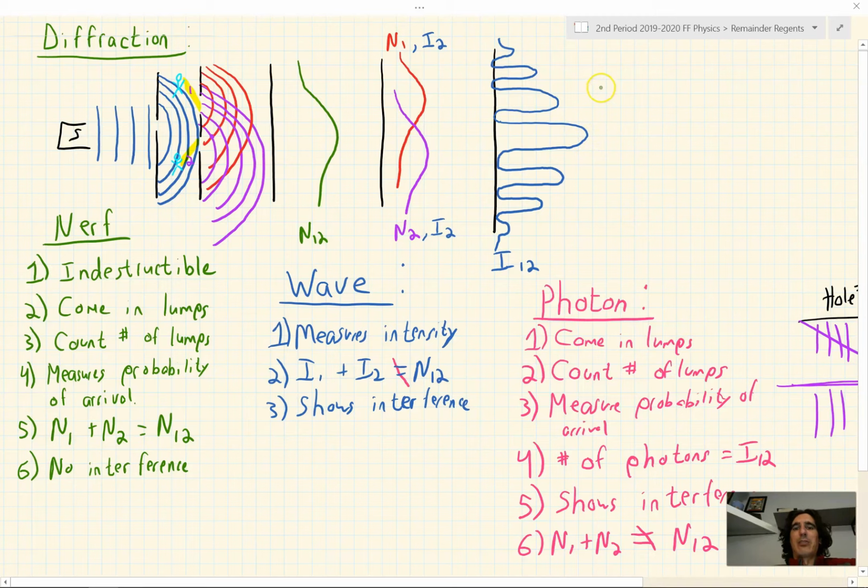Now the reason being is because the violet light's wavelength is closer to the width of the slit. So the closer the wavelength is to the spacing between the holes, the more patterns we're going to get and the closer they'll be.